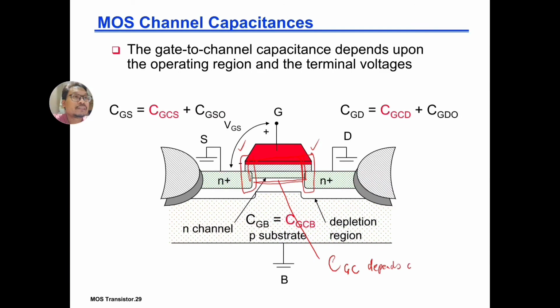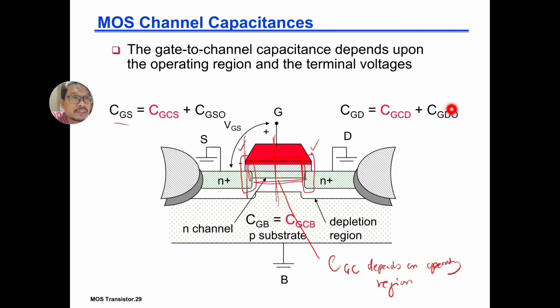depends on operating region. The capacitance in the middle depends on which region you are in. Are you in cutoff? Are you in the linear region? Are you in the saturation region? A different region will give you a different capacitance. Here we are doing CGS, gate to source, which is trying to divide into two.